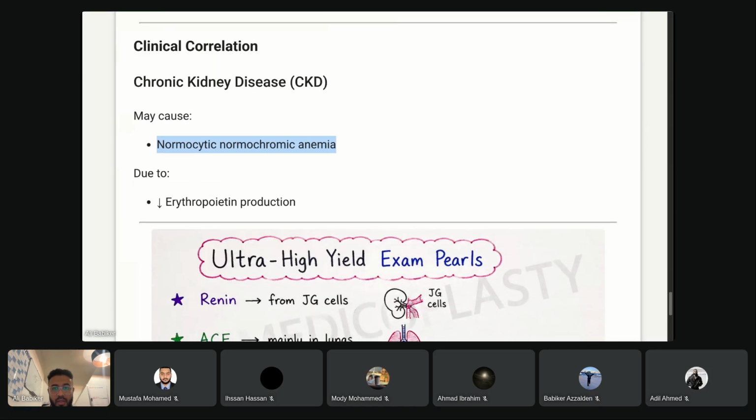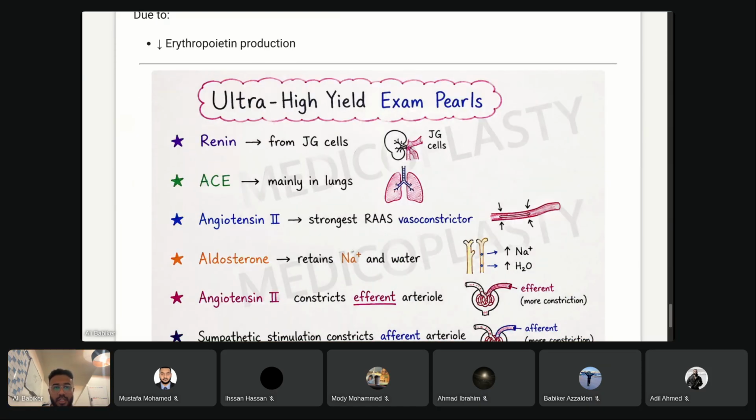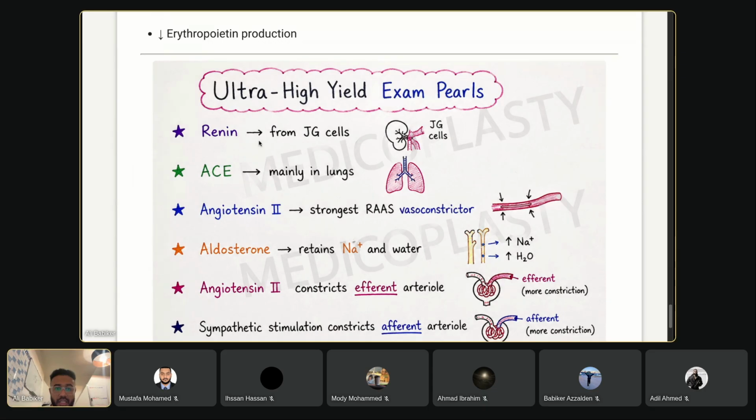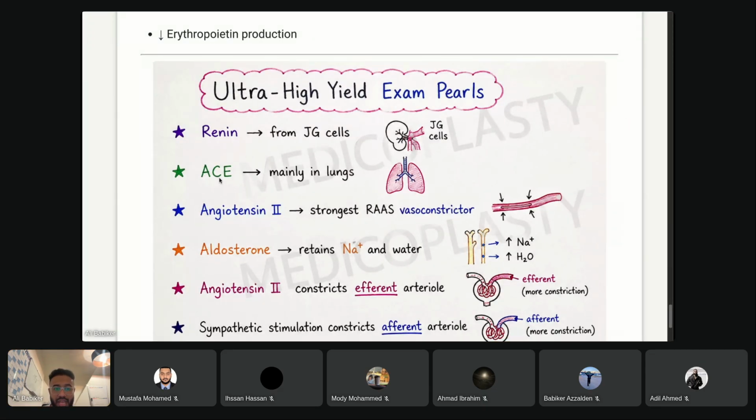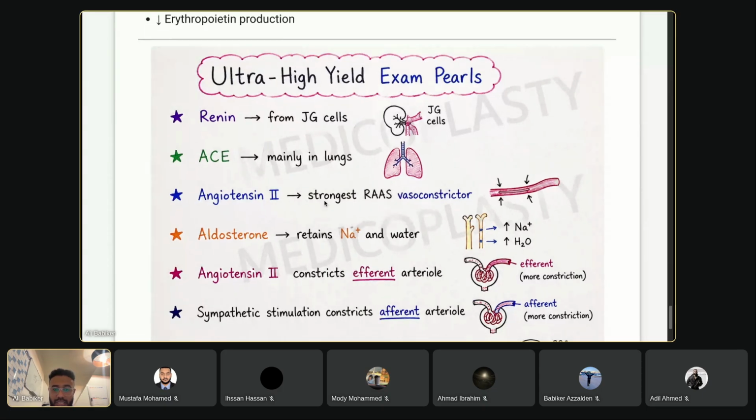Okay, all right. So the renin is from the juxtaglomerular cells, which means the cells close to the glomerulus. The angiotensin converting enzyme is usually in the endothelial cells of the lung capillaries. Angiotensin II is the strongest renin angiotensin aldosterone system vasoconstrictor.